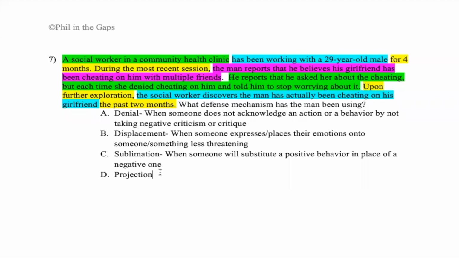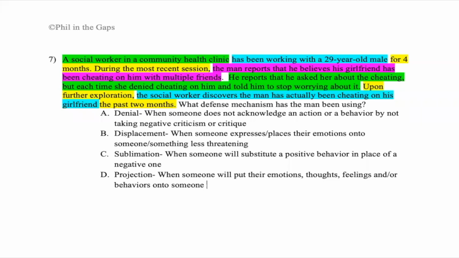And then D, projection is when someone will put their emotions, thoughts, feelings, and or behaviors onto someone else. So let's look back at the question to see what we're looking at in particular.